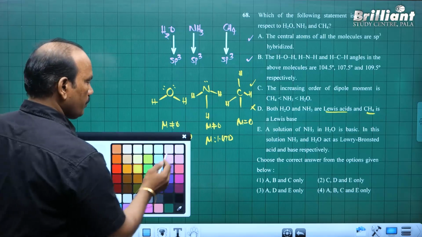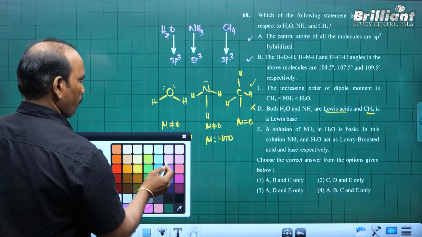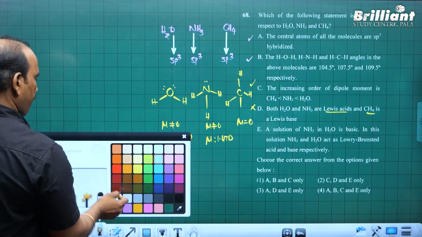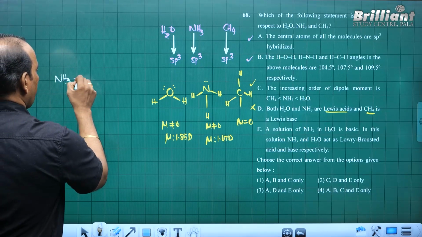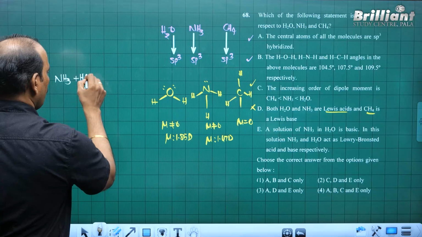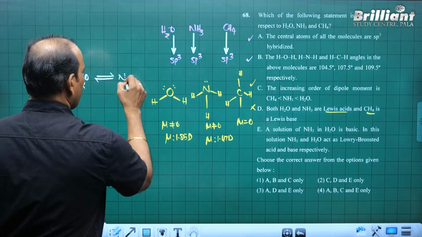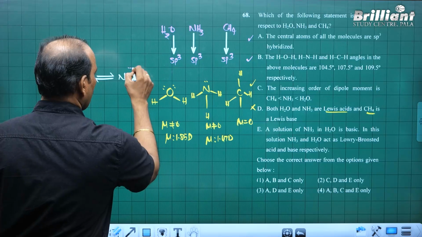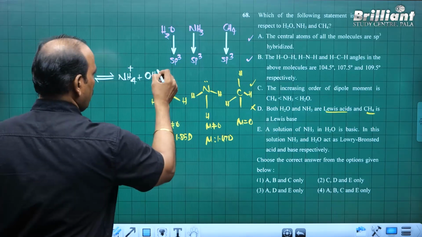Next one is E. NH3 plus H2O gives NH4 plus and OH minus.